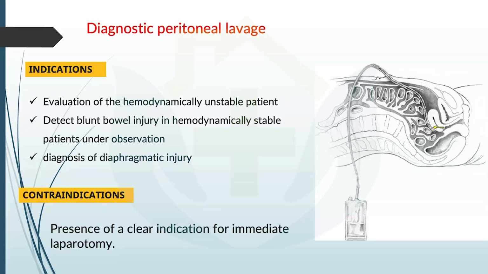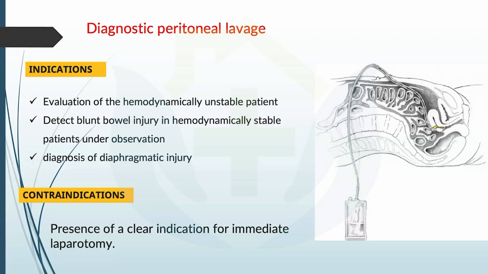Now, what are the indications? Indications are very, very few. Number one, we have to understand that in the era of ultrasound and in the era of CT scan, putting a catheter, that too in blind technique, is not to be recommended. If you are working in a non-tertiary setup where you don't have a backup, and a blunt trauma abdomen comes to you, and you don't have time to send the patient to a referral center, then to diagnose whether the patient has any possible abdominal pathology or not, you can do that.